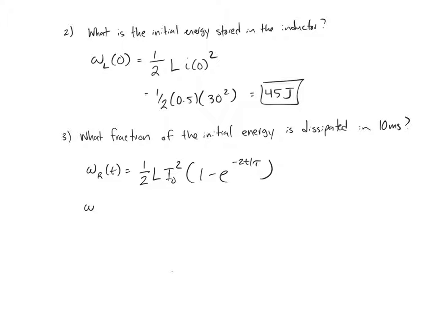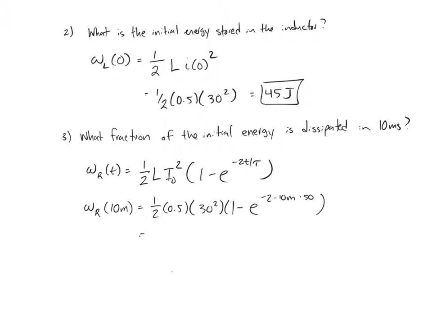So the energy dissipated after 10 milliseconds would be given as 1/2 times 0.5 times 30 squared times 1 minus e to the negative 2 times 10 milliseconds times 50, or divided by 1 over 50.